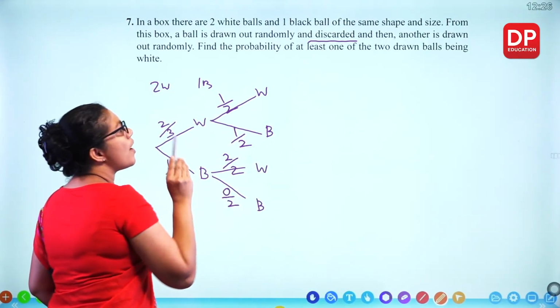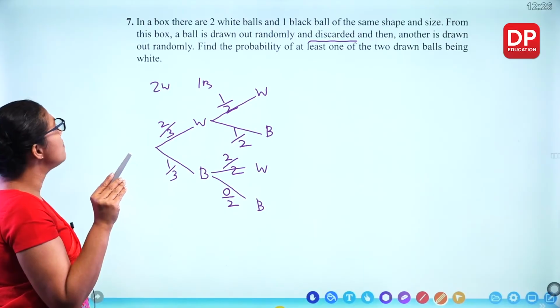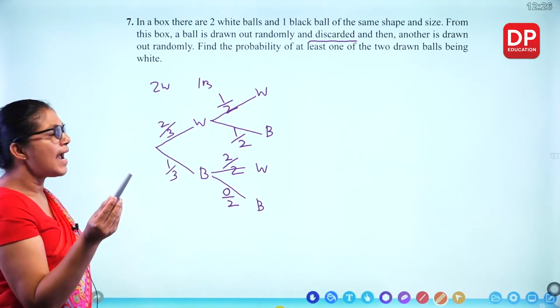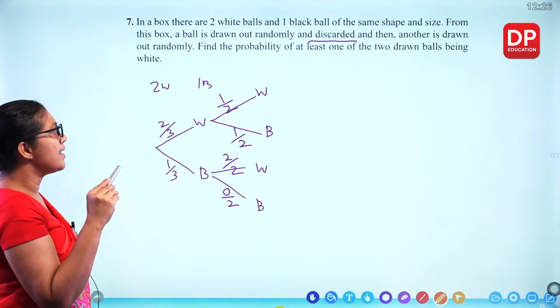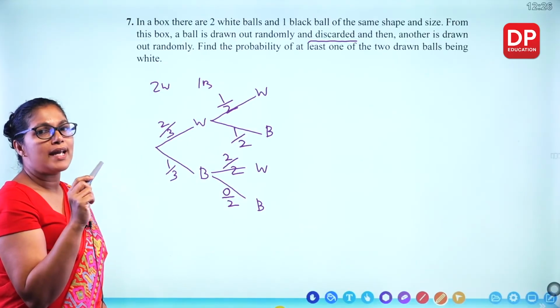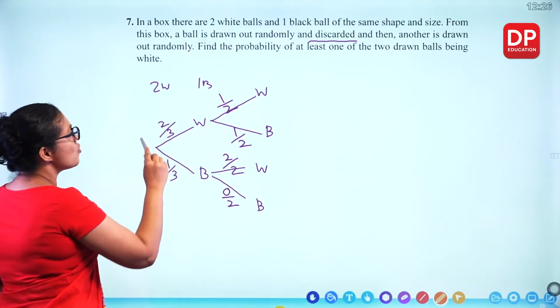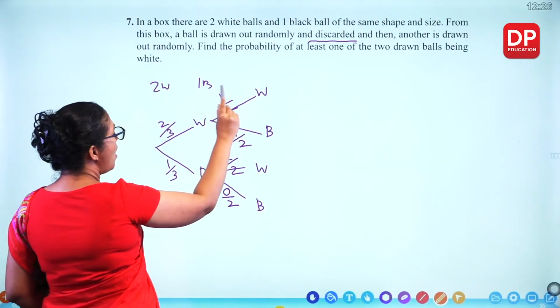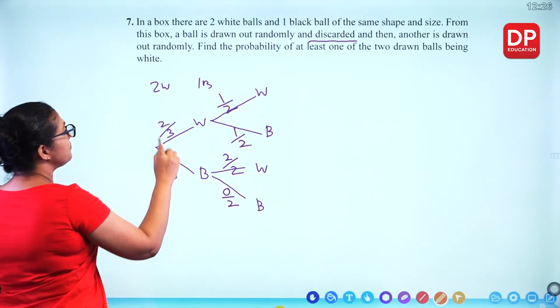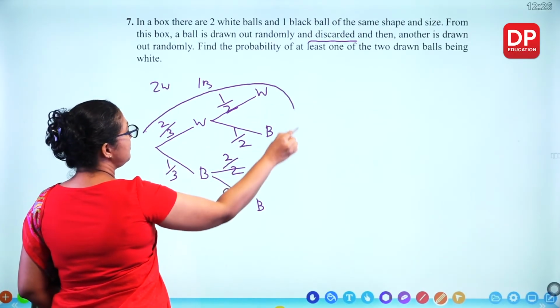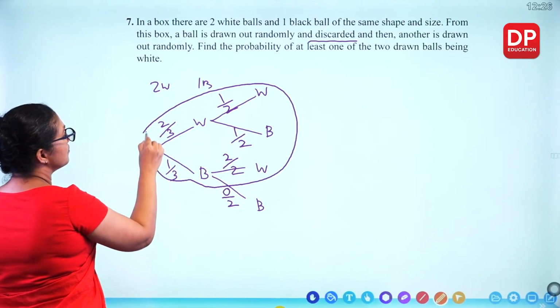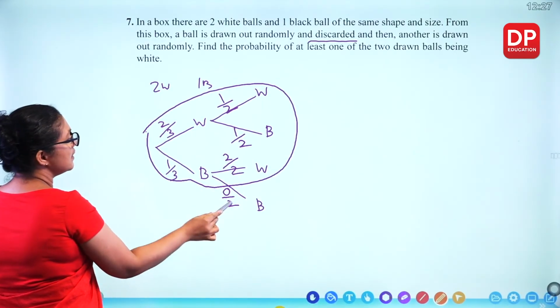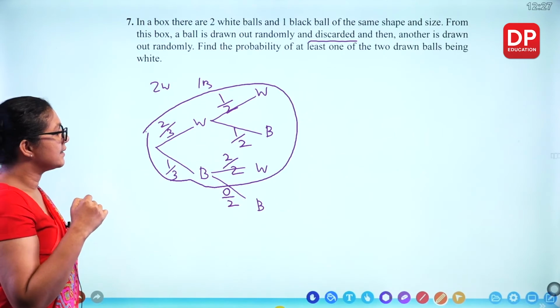Now we'll try to find out the answer. At least one of the 2 drawn balls being white. At least one means either one white or both white. So you have to take all these branches except black and black.